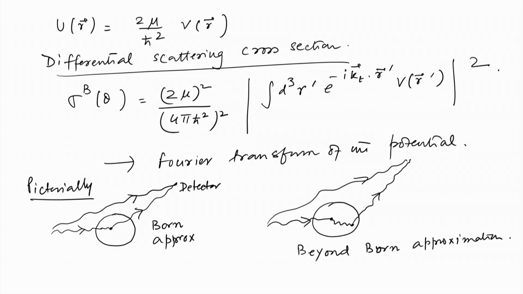Then you just have to calculate the Fourier transform of the potential, and that's about it. Multiply this by mu squared, over 4 pi h cross squared and all that, and that is most of what is needed for quantum scattering theory in the Born approximation.